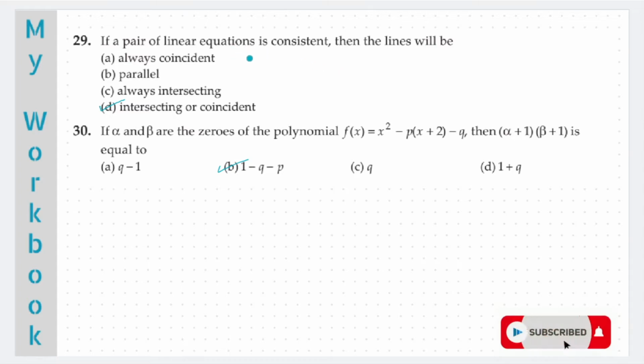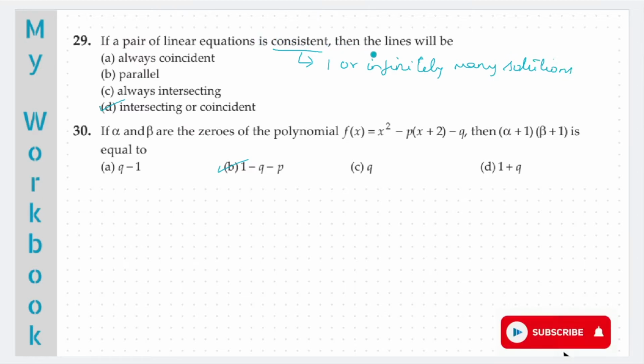If a pair of linear equations is consistent, consistent means it has either one or infinitely many solutions. So when the pair of linear equations has no solution, then it is called inconsistent.